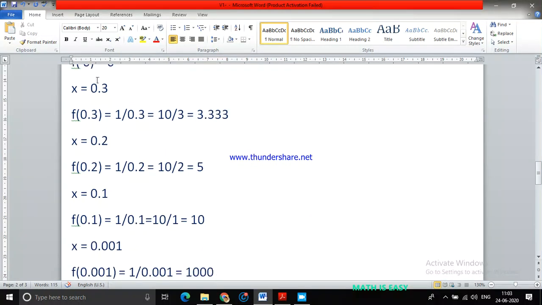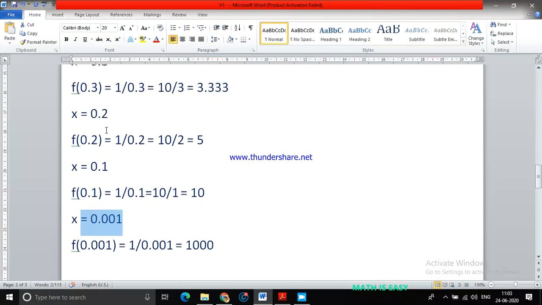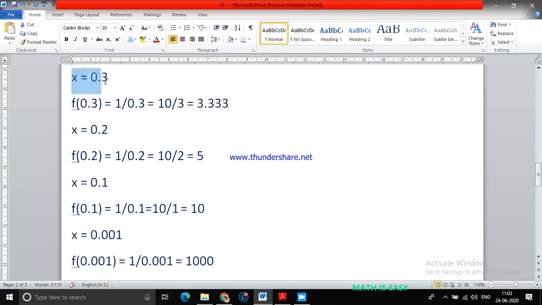You see, 0.3 is the bigger number, then 0.2 is smaller than 0.3, 0.1 is again a smaller number, and 0.001 is again smaller. What I have done is take x values that are smaller and smaller. 0.3 is greater than 0.2, and 0.1 is smaller than 0.2.